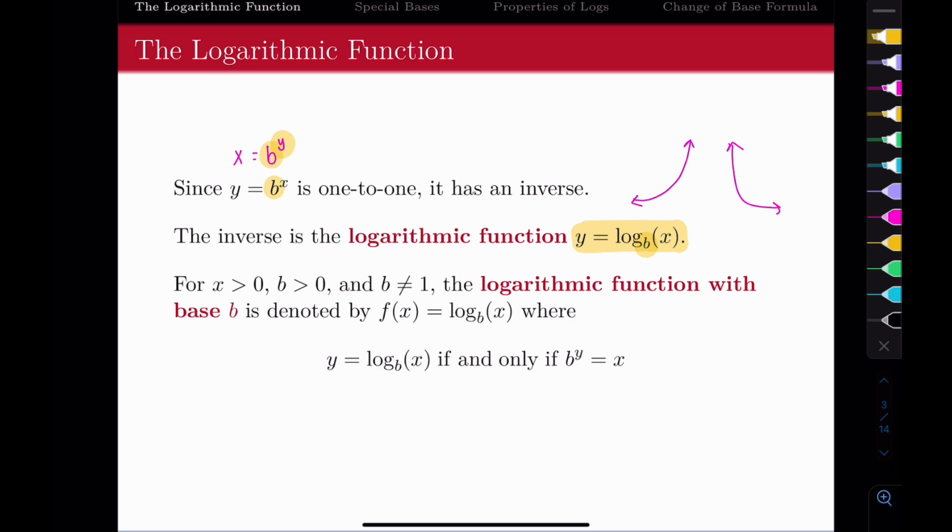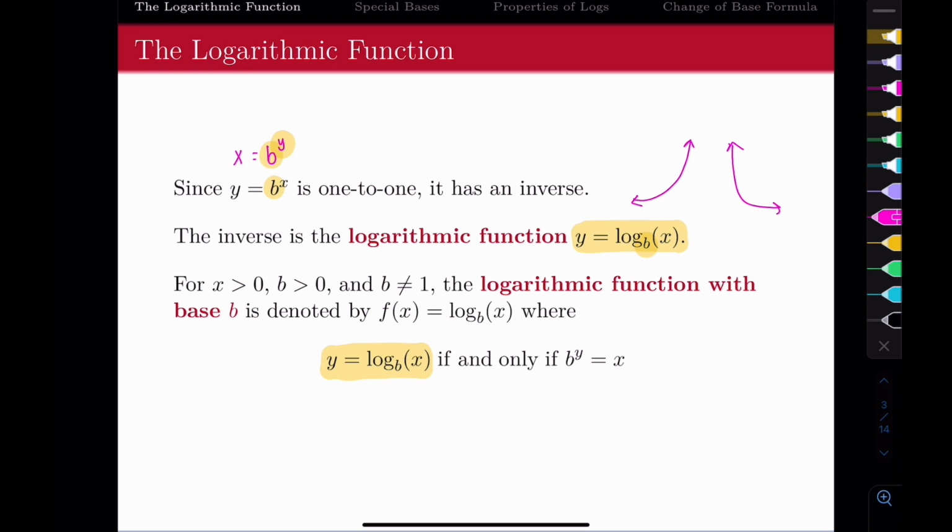So when we talk about working with this logarithmic function, it's really going to be useful to switch it to its exponential form, because we're always going to be able to go back and forth between the two. So the way we define this logarithmic function is we can write it in its equivalent exponential form.